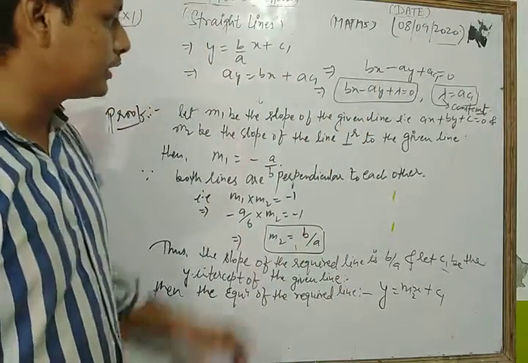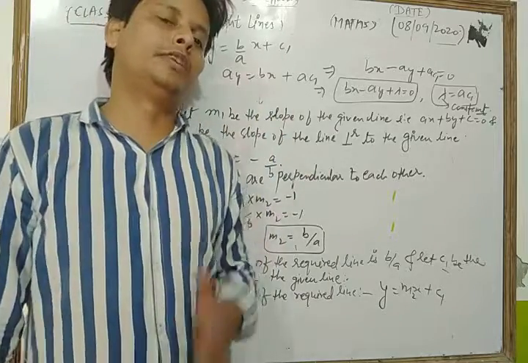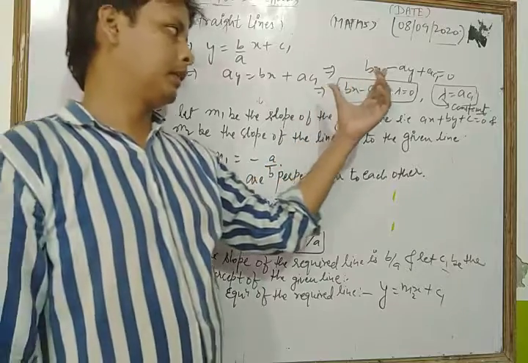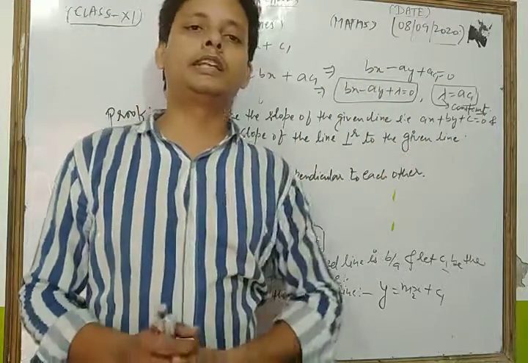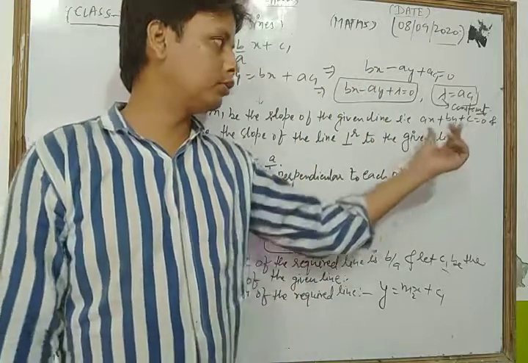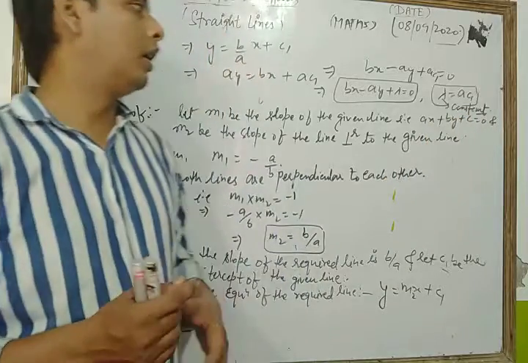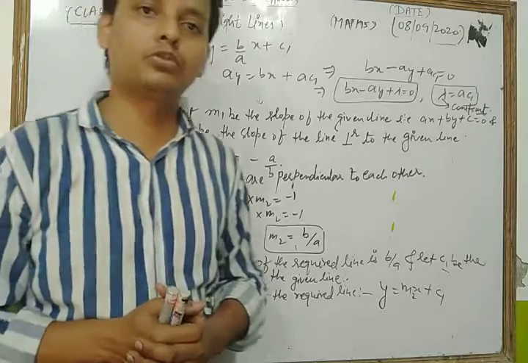Dear students, in going to derive this theorem, we have to show that the equation of a line perpendicular to a given line ax plus by plus c is equal to 0 is given by bx minus ay plus lambda is equal to 0.